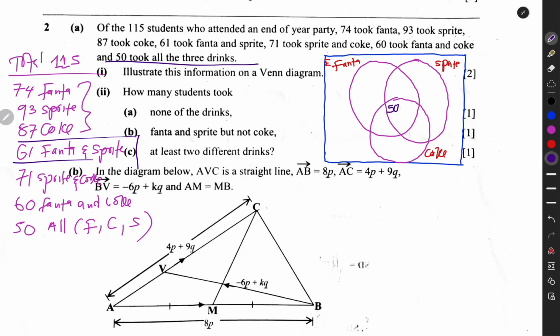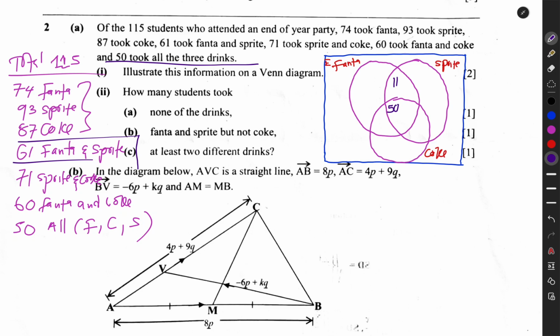When you find the intersection of two sets, you subtract the intersection of all three. So for Fanta and Sprite, we subtract 61 minus 50, so that in this intersection we have a total of 61, and that leaves 11.